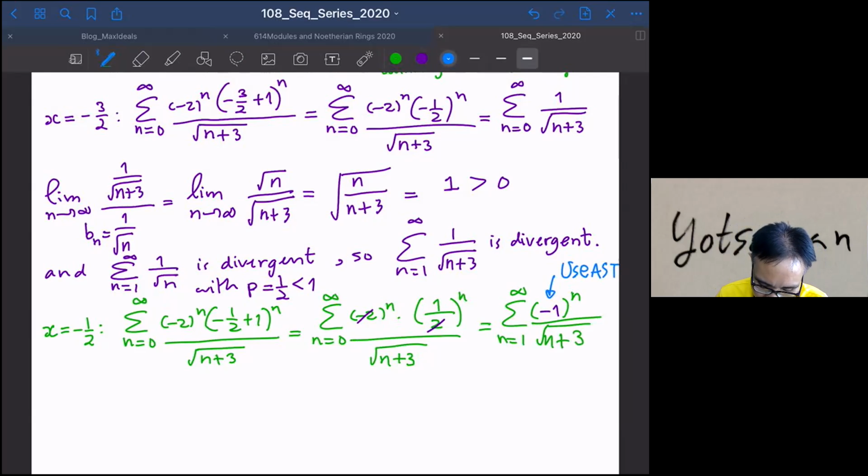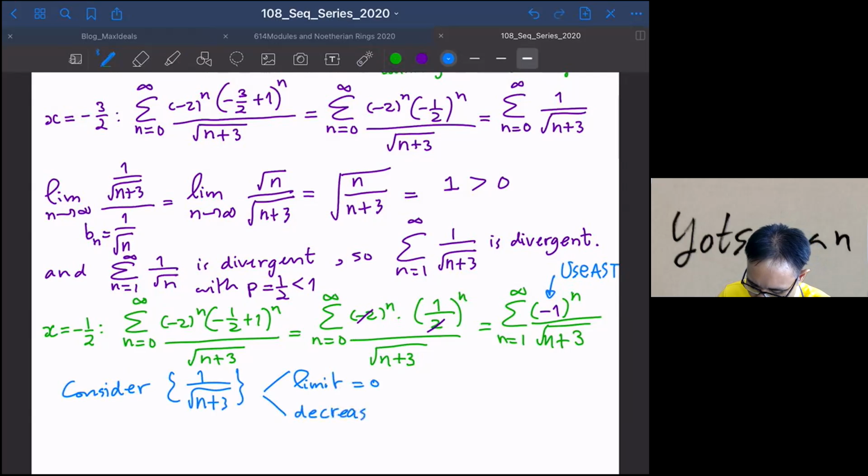So you're going to have Bn. Here you have the sequence: you consider the sequence 1 over root n plus 3, and you need to show the limit equals 0 and that it is decreasing.